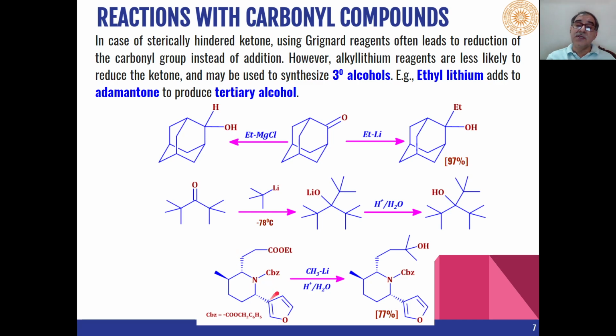You can see the reaction is very selective in nature. This group is not affected, this group is not affected, only the reaction takes place at the ester group, and as I have told you, esters are converted into the corresponding alcohols as the product. So methyl lithium adds to this ester group, and we will get tertiary alcohols as the product in 77% yield.